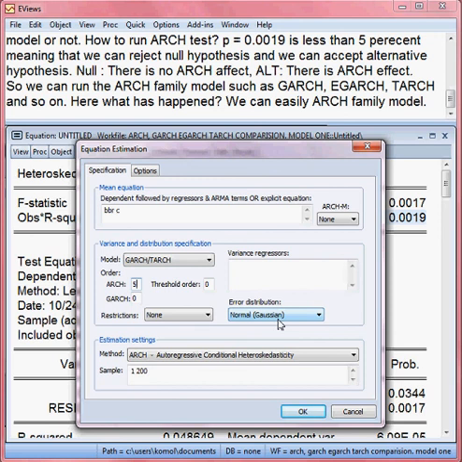Then I run this model. Here we shall always choose the normal distribution to compare among all the models. Then I can run the ARCH model, right?